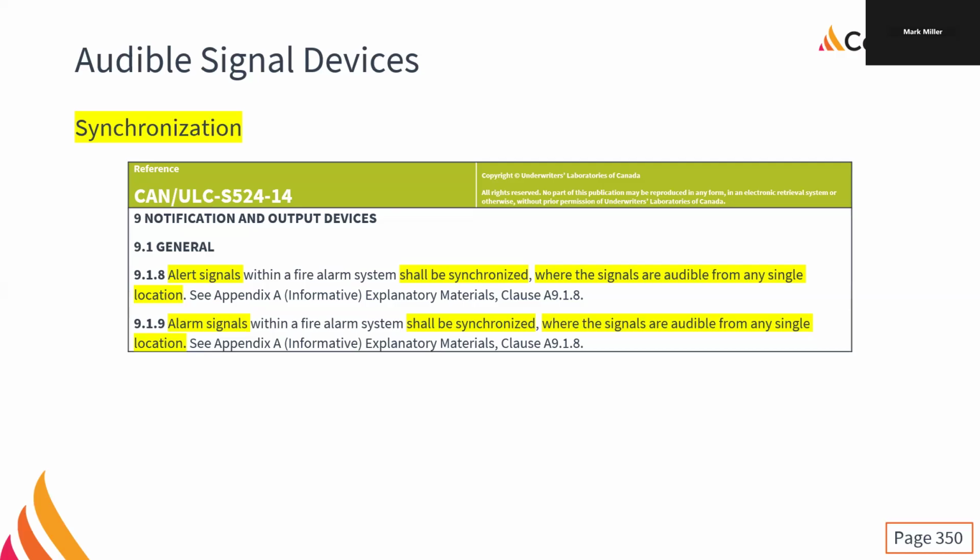Any Edwards system that I've worked on of a reasonable size has had problems with synchronization. Simplex does a fantastic job with synchronization. I've worked on very, very large systems, 28, 30 panels all networked together, and the synchronization is bang on.